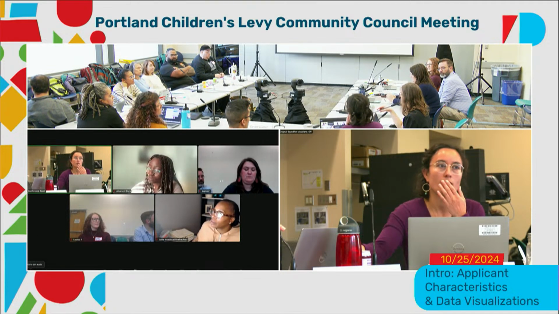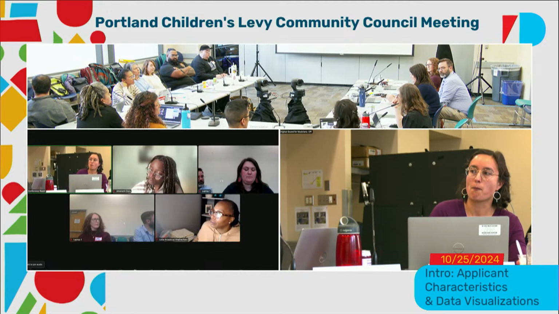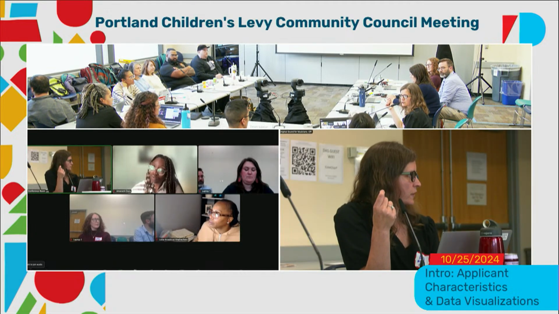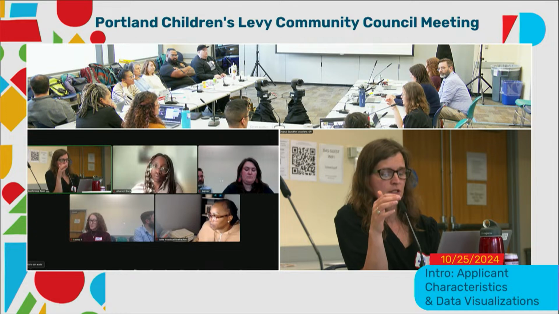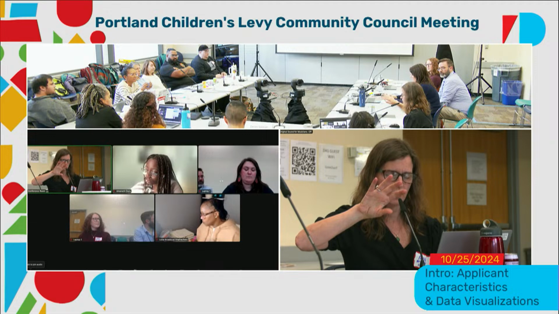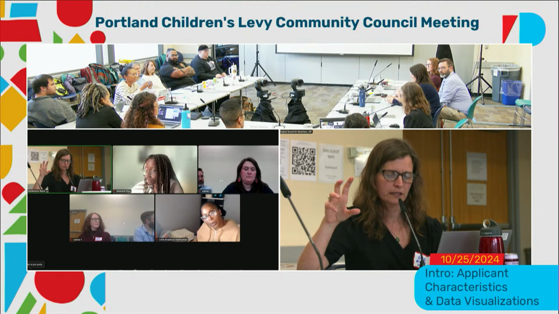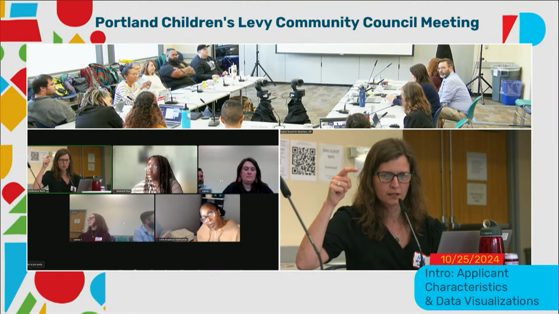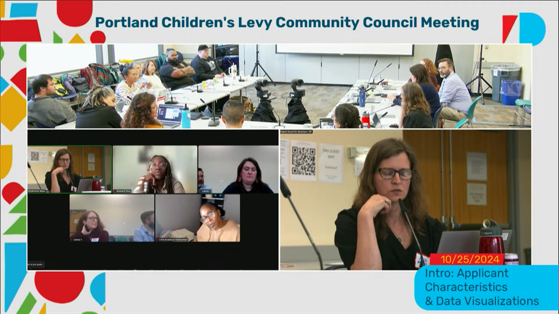Sure. When we get to the next data set and talk about the structure of the application and how the scoring criteria that you all helped shape were about equity, we'll start to remind you of some of these things too.